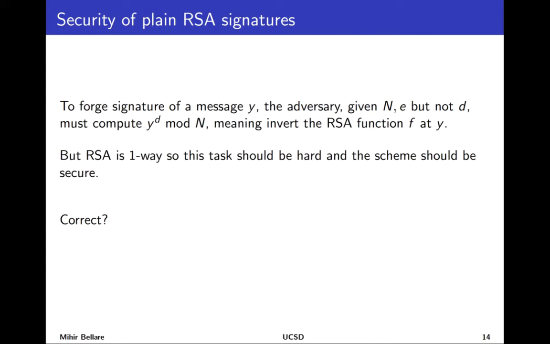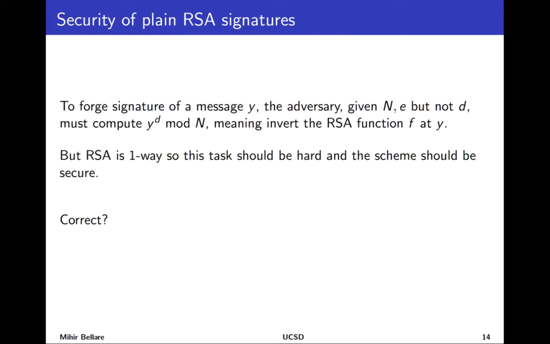But that means you have to invert the RSA function at point Y. And if you remember, RSA is one way, at least for properly chosen parameters. We spent a lot of time studying and justifying this, still of course an assumption, but as long as you can't factor this modulus, it will be difficult to compute Y to the power D.